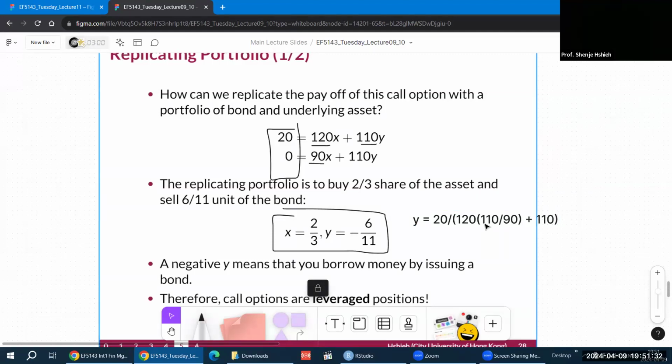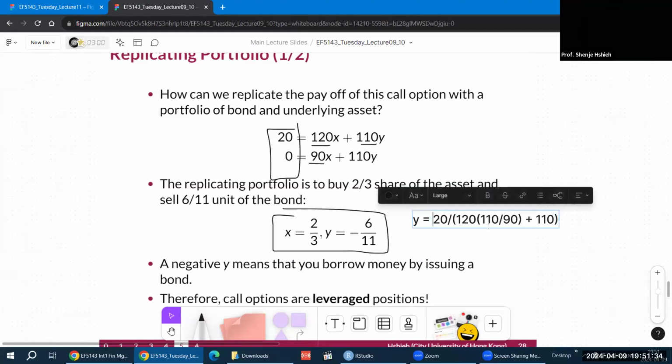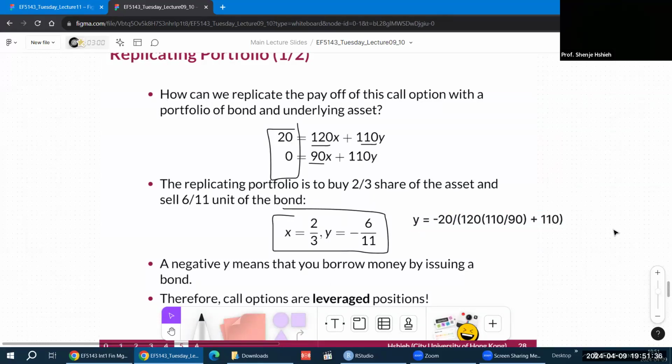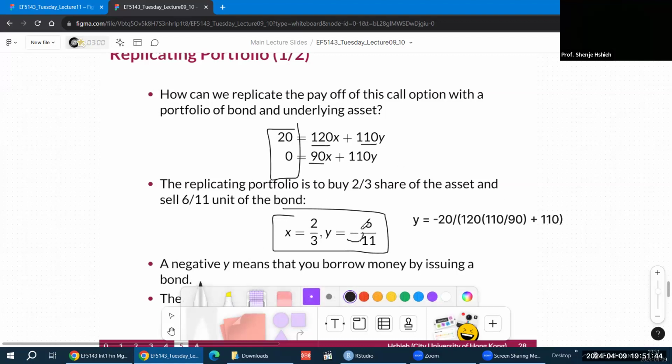I forget the minus sign. What's interesting is that there's a negative sign there, based on a replicating portfolio that mimics a call option payoff.